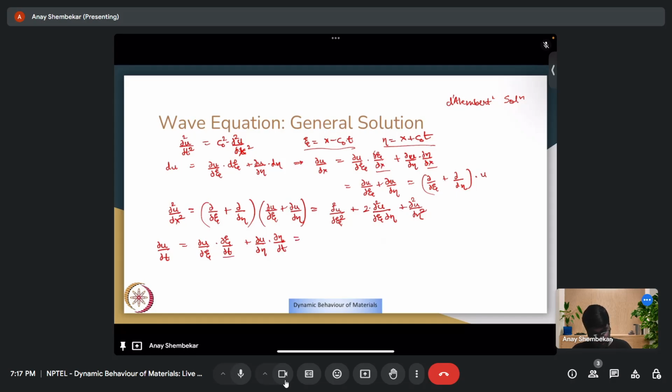Dou epsilon by dou t would be basically minus c naught, and dou eta by dou t should be plus c naught. So you have got minus c naught dou u by dou epsilon plus c naught dou u by dou eta, which can be written as minus c naught times dou by dou epsilon minus dou by dou eta of u.